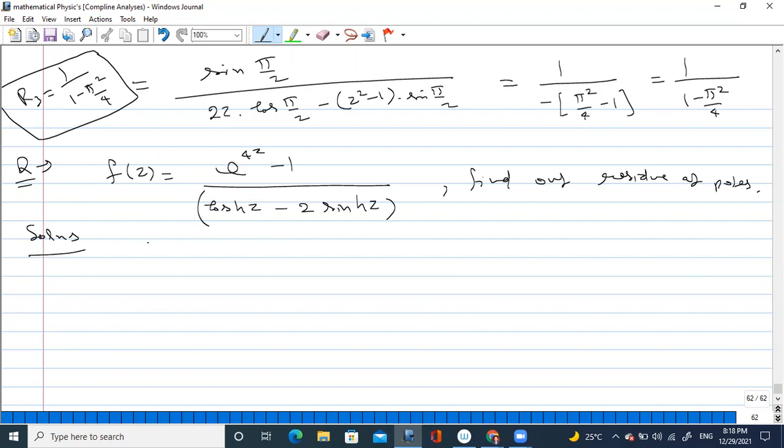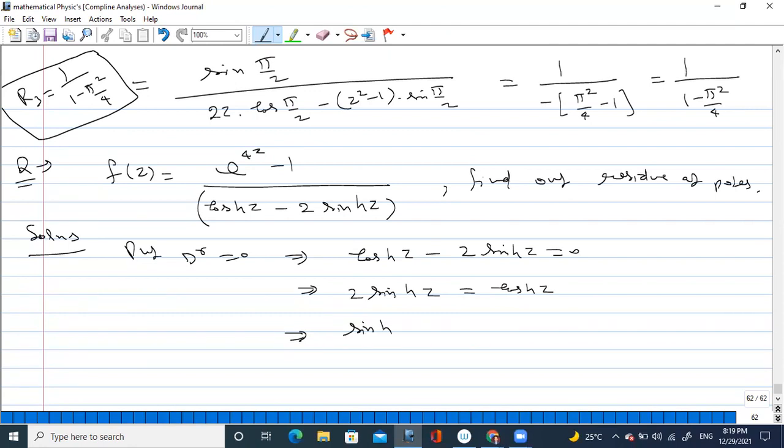So here to find out the poles, put the denominator equal to 0. So cos hyperbolic z minus 2 sin hyperbolic z will be equal to 0. So this will become 2 sin hyperbolic z equal to cos hyperbolic z, or you can write sin hyperbolic z by cos hyperbolic z equal to 1 by 2.